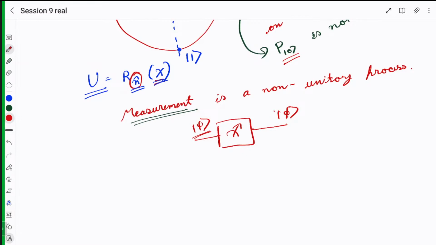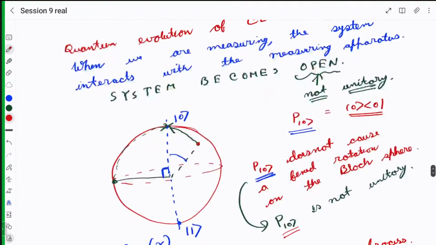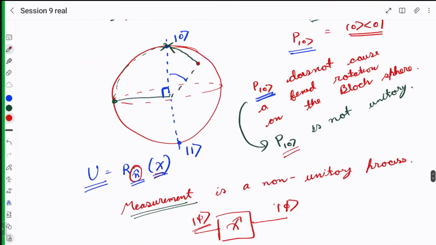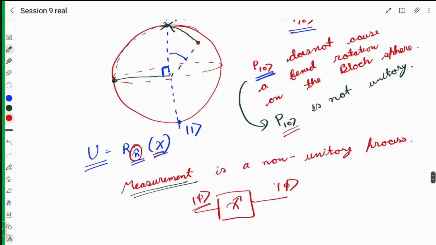Is it an arbitrary rotation by some angle? Yeah, it is an arbitrary rotation, Elias. It is an arbitrary rotation by some angle about some axis, and what rotation will take place is again dependent on the state you are measuring.